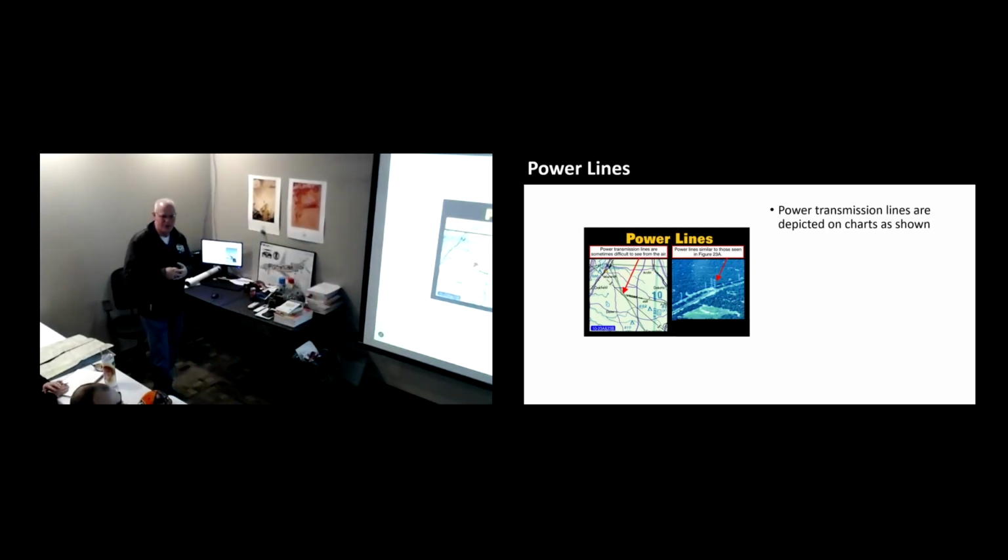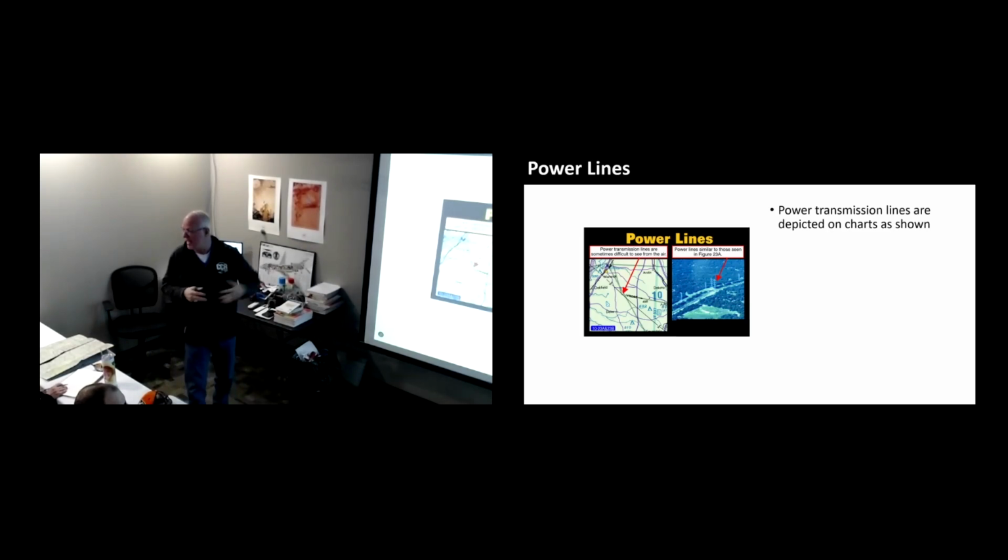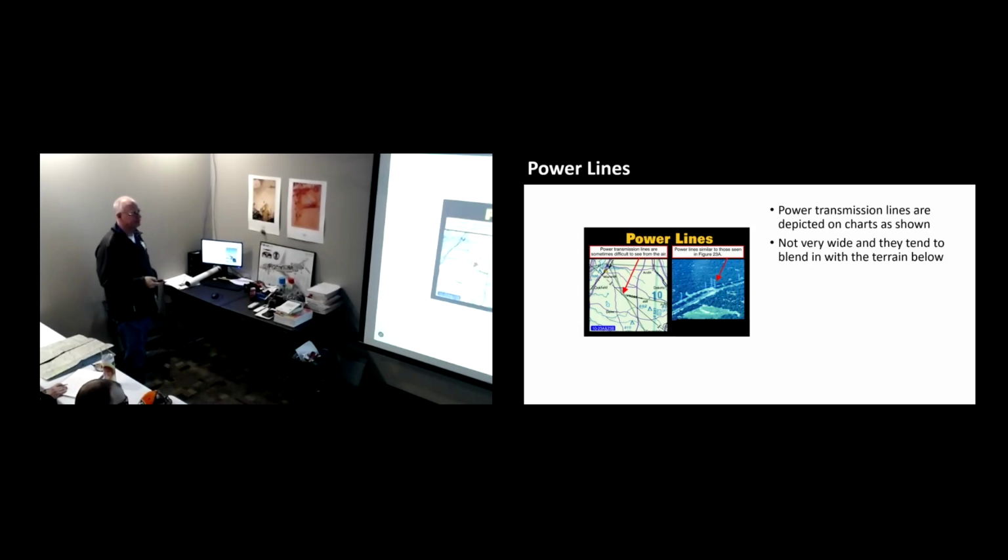When you do your cross-country planning, these are the kind of things you need to look at on the chart and say, okay, my math tells me I've got to be at 5,000 feet. Maybe not a good idea to pick a smaller road or a power line or a railroad track as a navigation point, right? It's just your thought process when you're doing your cross-country planning. Okay. There's the right of way being cleared, right?